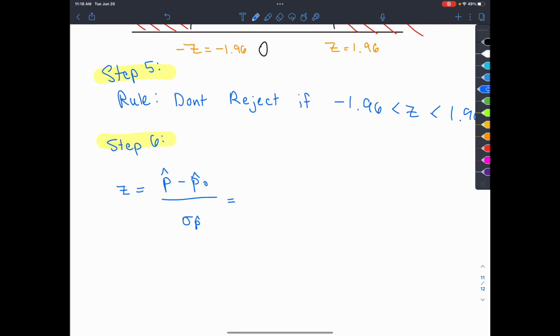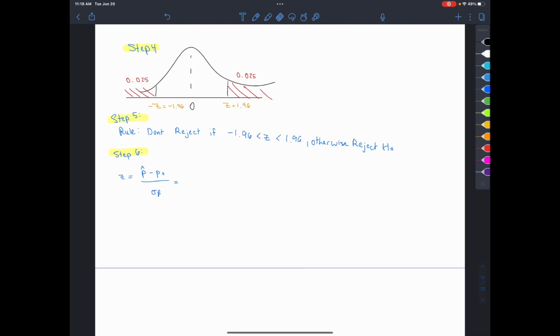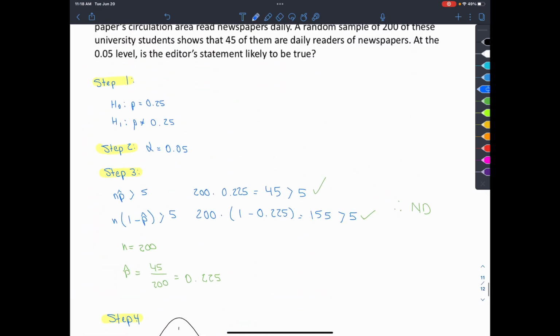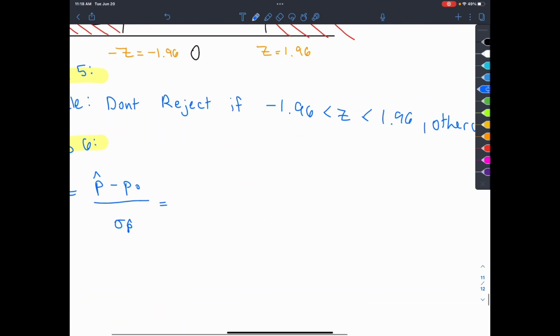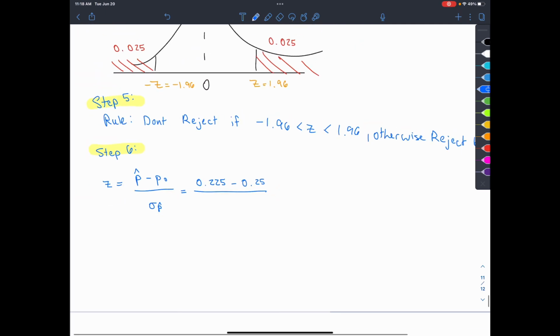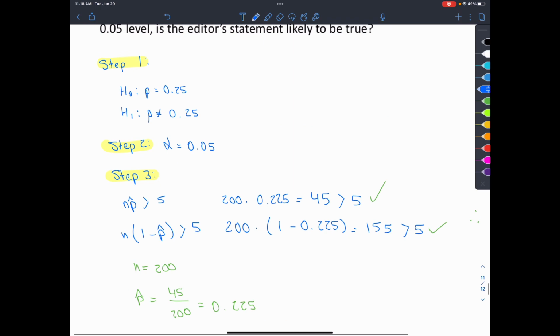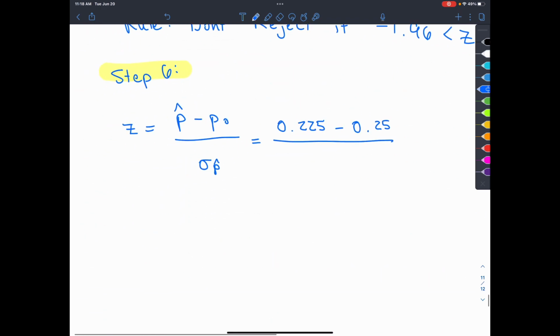So we can look at our question. We figured out already what the sample proportion is, and that was 0.225 minus 0.25, which is what is stated in the null hypothesis. And if you remember, the standard deviation of the proportion is a little bit more complicated.